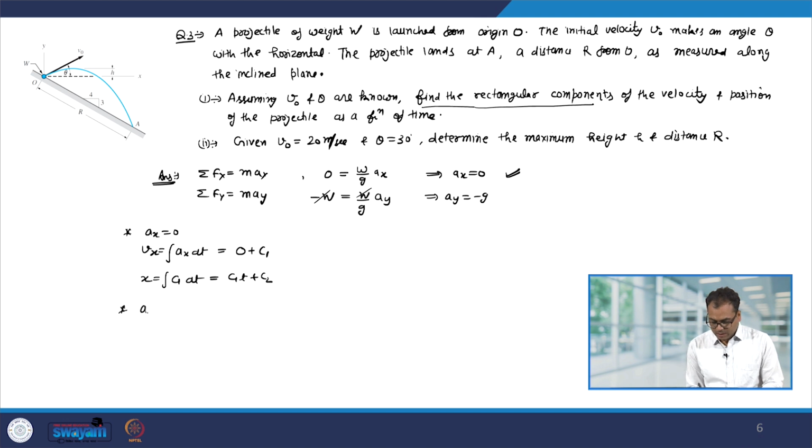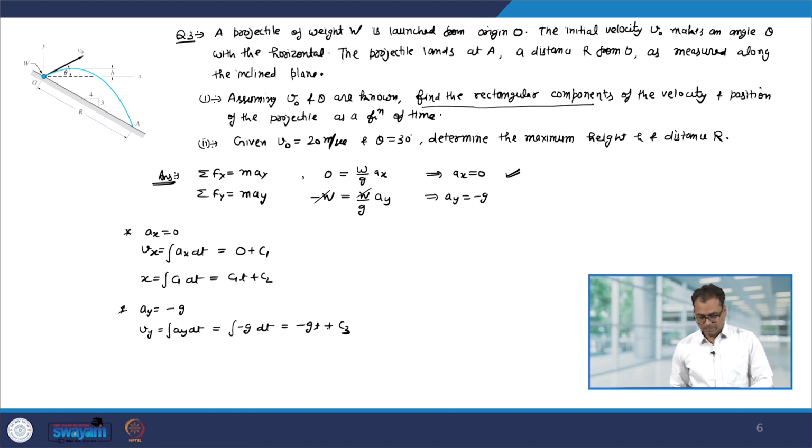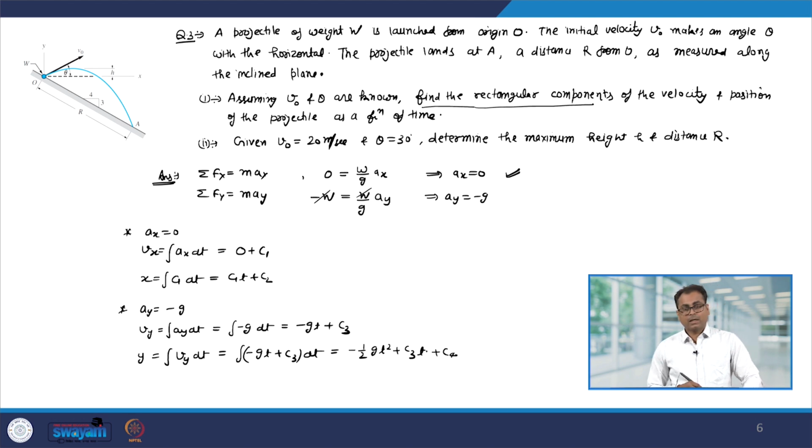Similarly, Ay is given as minus g, therefore, Vy will be integral Ay dt, so that will be integral minus g dt, that will be minus gt plus a constant, let us say C3, and y will be integral Vy dt, so that will be integral minus gt plus C3 dt, that will be minus half gt square plus C3t plus C4.